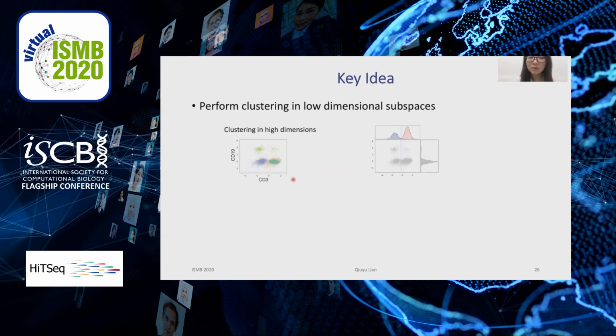In the CD3 dimension, there are clearly 2 well-separated and more balanced subpopulations. After separating these 2 subpopulations, we could also apply GMM on the CD19 dimension and perform clustering further. In this way, CITE-sort finally separates these 4 clusters, especially this tiny ACT cluster.